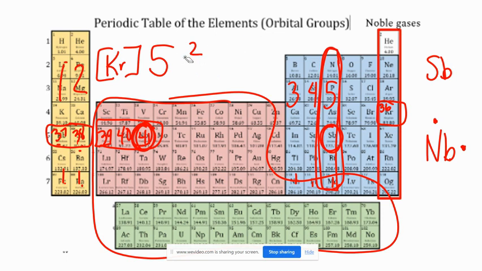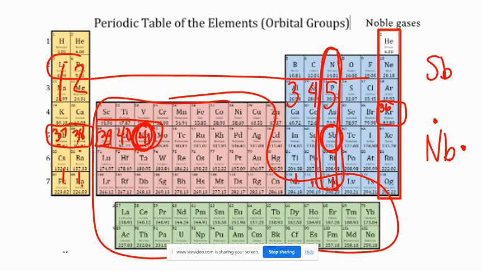So let's look at the electron configuration for the period 2 elements.